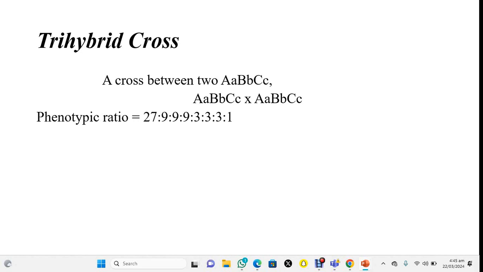Remember? 2 to the power n, where n is the number of genes in that particular cross. So over here, with the trihybrid cross, n is going to be 3. So 2 to the power 3 is going to give you 8 different phenotypes. So physically, the offspring are going to be different in 8 ways.